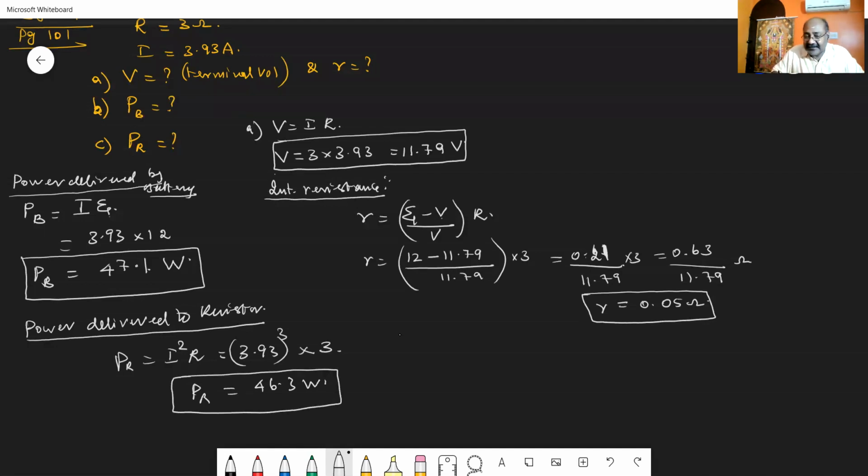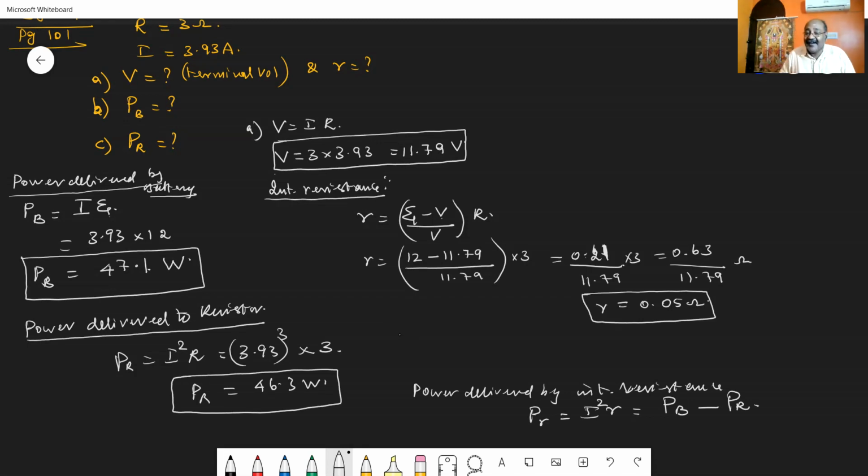If you want to calculate the power delivered by the internal resistance, this is not asked, but if you want, you can calculate. P of small r is equal to I square into small r, which will be equal to the power delivered by the battery minus the power delivered by the external resistance.